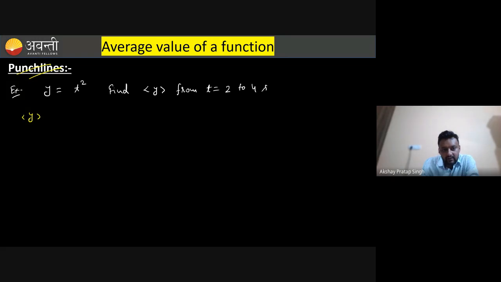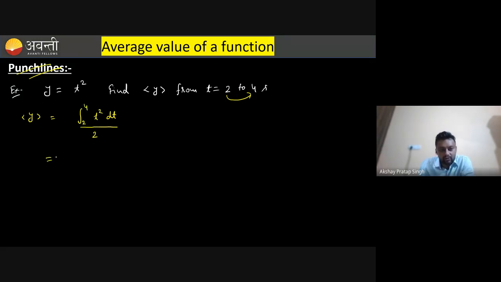The average value of y is going to be the integration of t² dt divided by the time period. Can you say integration dt means time period? So the time period is 2 seconds to 4 seconds. How much time is this? Can you see that this is 2 seconds? Now, what is the limit of this integration? 2 to 4.